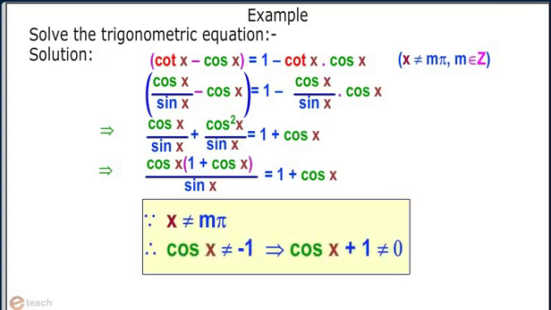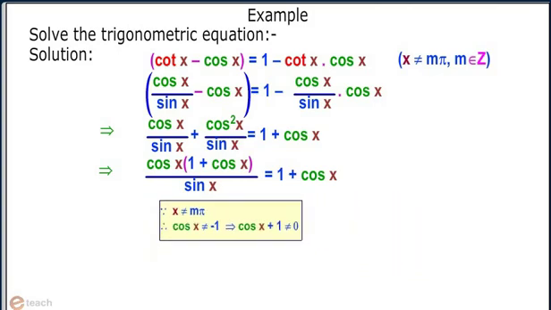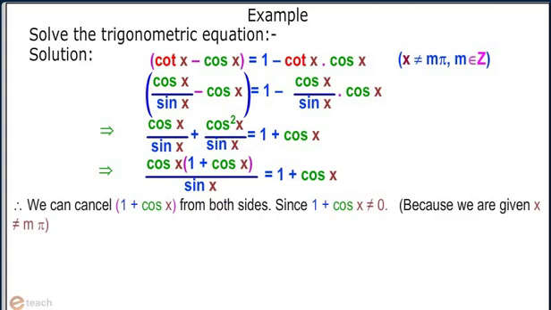Since x is not equal to m pi, therefore cos x is not equal to minus 1, which implies cos x plus 1 is not equal to 0. Therefore, we can cancel 1 plus cos x from both sides.